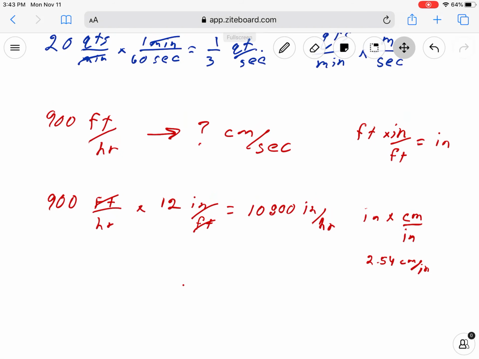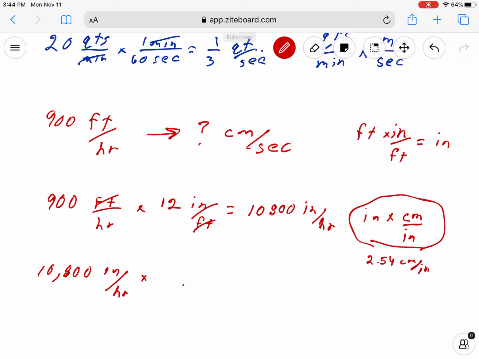So I have 10,800 inches per hour, and I want to multiply it right over here by the 2.54 centimeters per inch.